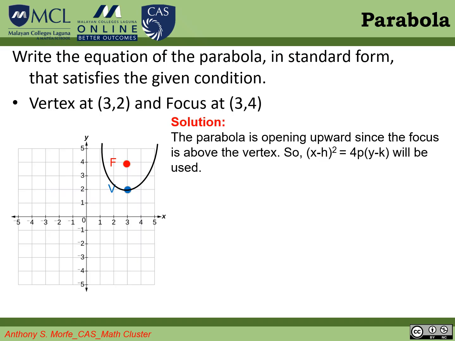That's also a hint for us to find out the opening of the parabola. You see the vertex is below the focus, so we have an idea that the parabola opens upward.